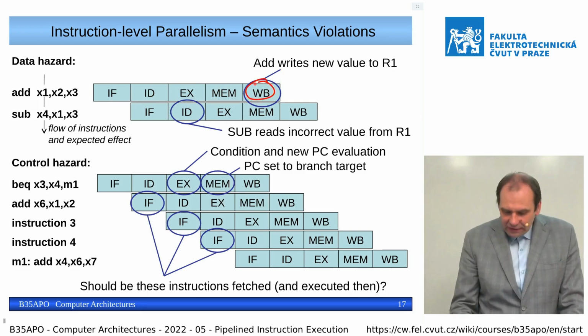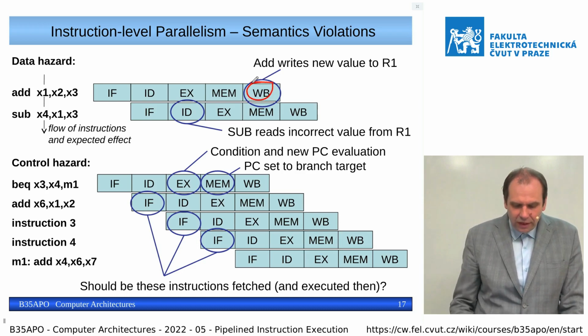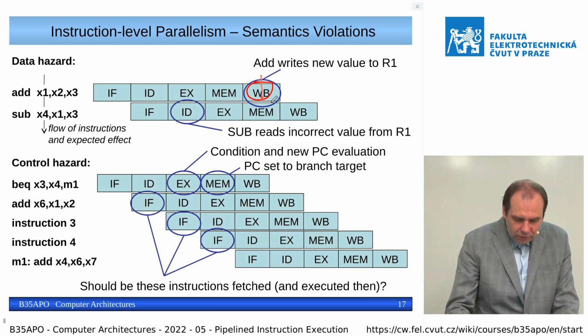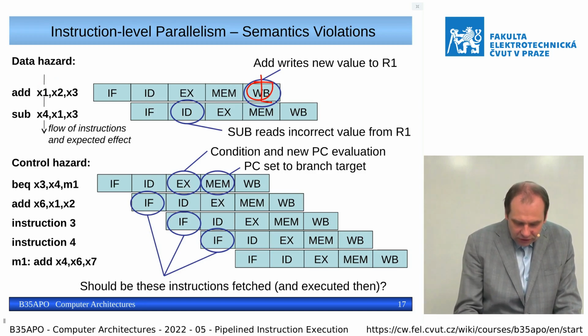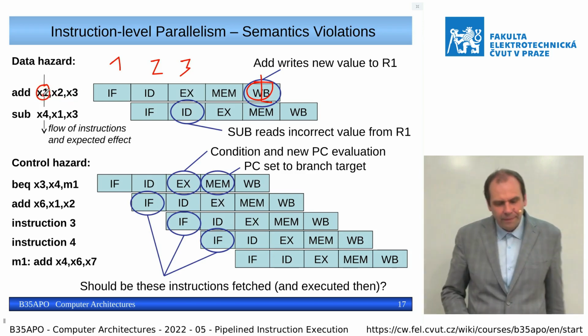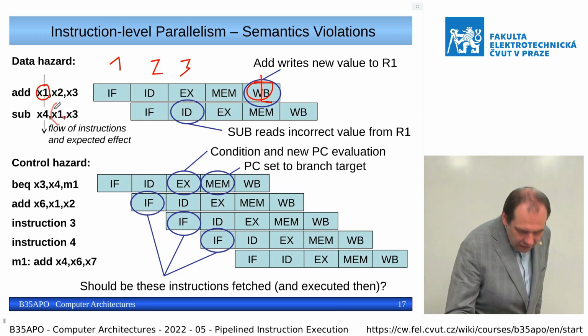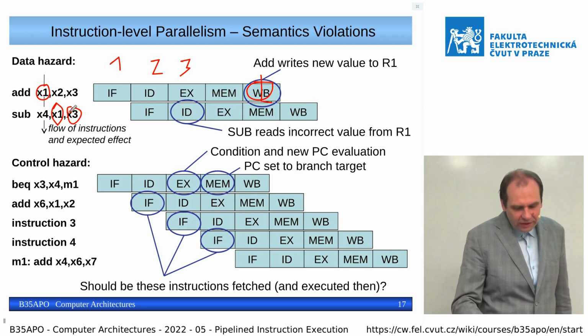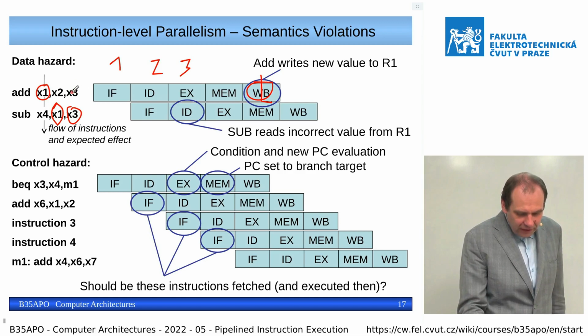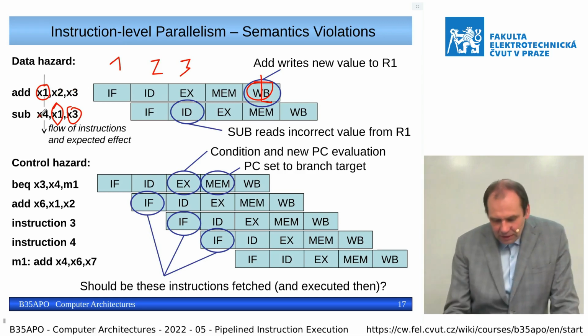If we define that we are able to read the new value from the registers at the same clock cycle as they are written by the previous instruction, then if we start to decode the next instruction in the third clock cycle, so basically we have there add from x2 to x3 to the x1, and then we want to subtract x3 from that value. Okay, this code has no sense because in fact it copies x2 to x4, but it is an example.